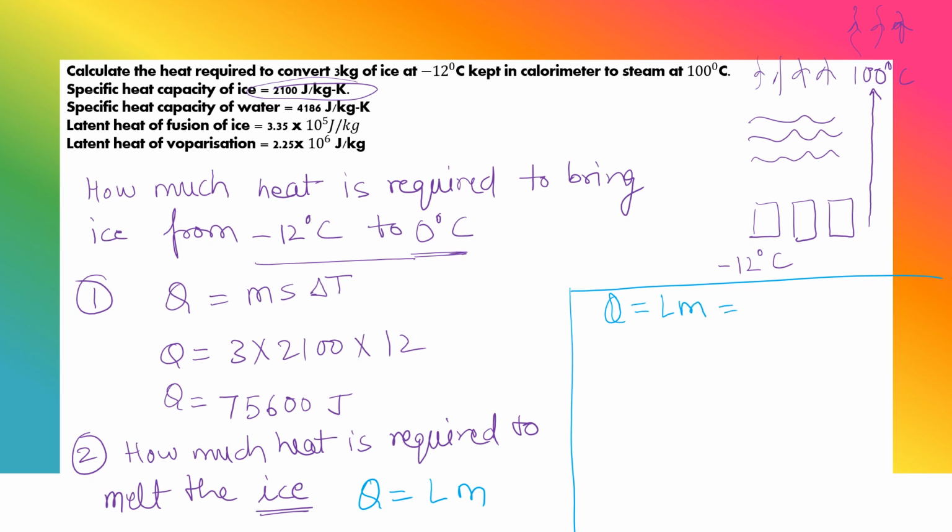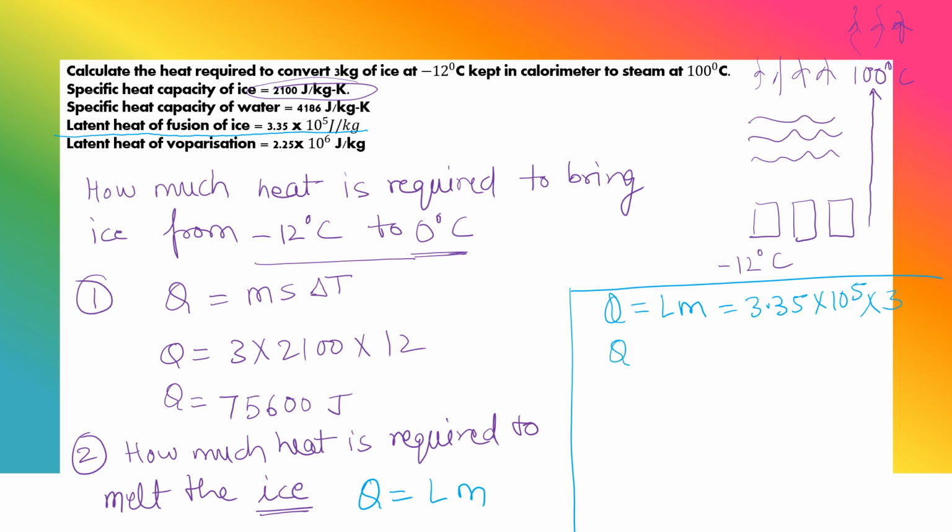Let's substitute the value. The specific latent heat of melting must be given to us, which is equal to the specific latent heat of fusion, and that is 3.35 into 10 power 5 joule per kg into the mass, which is 3 kg.